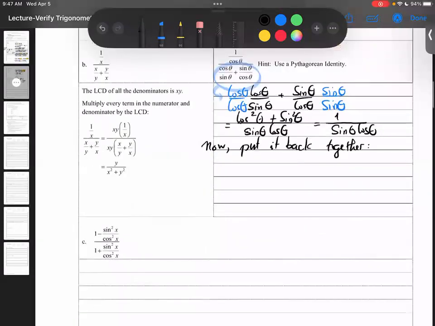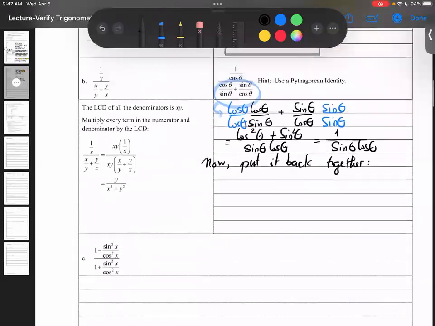So the original problem, I have 1 over cosine theta. And the denominator, we simplified it into 1 over sine theta cosine theta. Don't write this down: if you have a over b divided by c over d, flip and multiply.